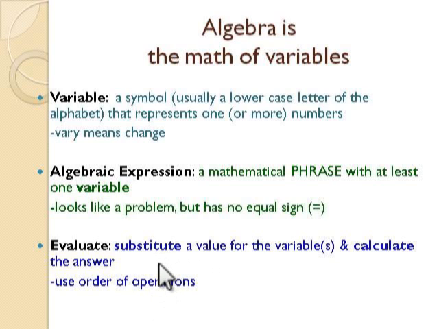Let's use that example of an expression, t plus 2. Let's say that we're going to substitute for the variable t the value of 5. So now instead of t plus 2, we have 5 plus 2, and we could simplify that to 7. That's what we are doing when we are evaluating an algebraic expression.